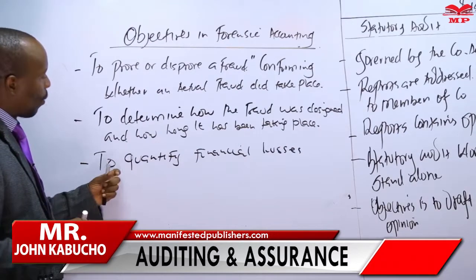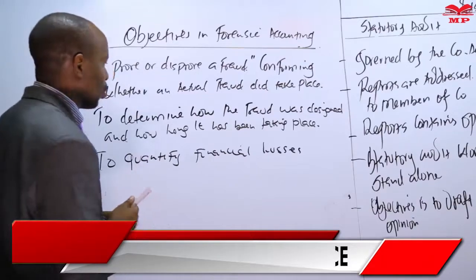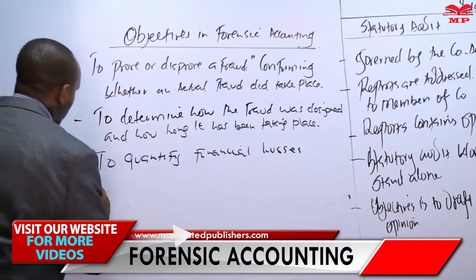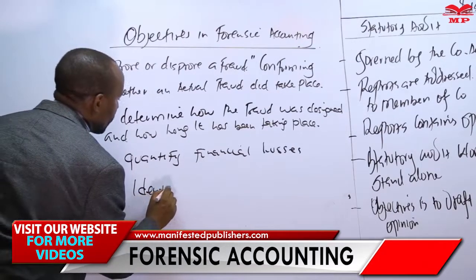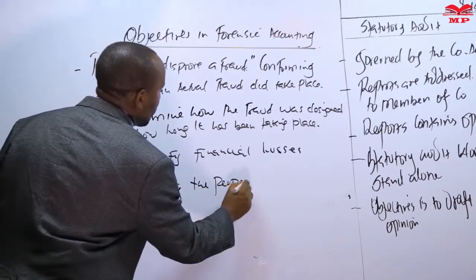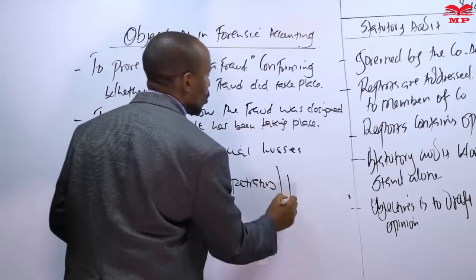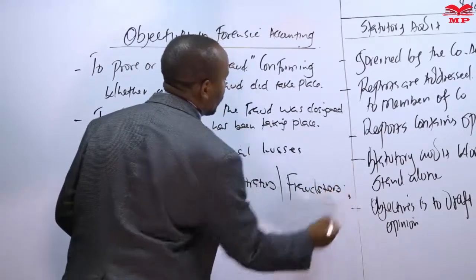Once you know how much has been lost, then you can ask yourself who was involved, and that is what we refer to as to identify the perpetrators of that particular fraud. The perpetrators, you can also refer to them as the fraudsters, people who committed those frauds relating to the company.